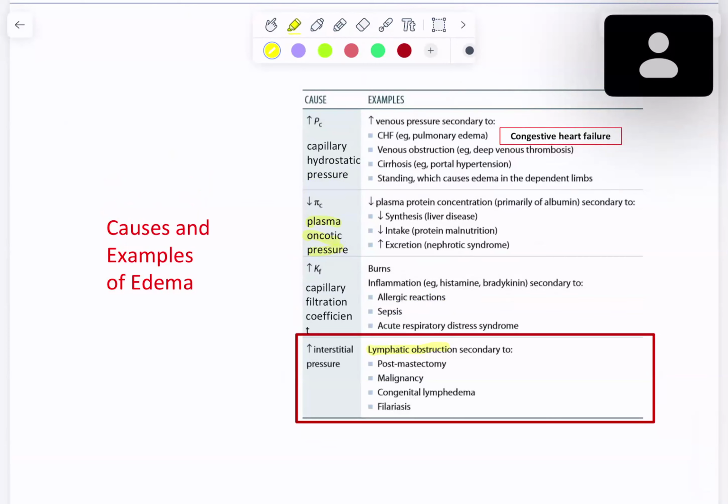Doesn't increase interstitial hydrostatic pressure decrease filtration? Yes, but what do you mean? Filtration is decreased when you increase the interstitial hydrostatic pressure. That's why you have edema. Okay, Anna?